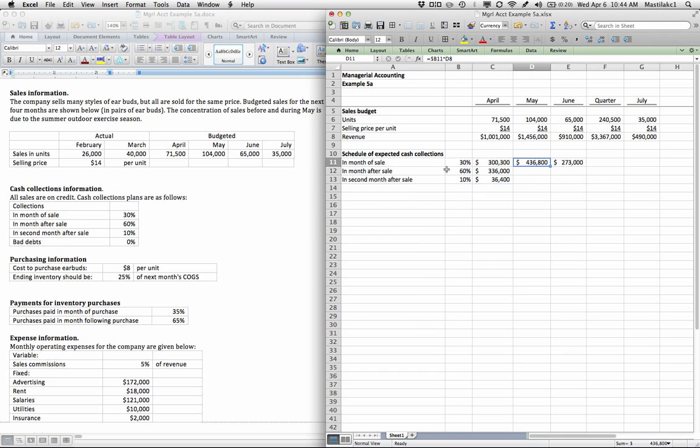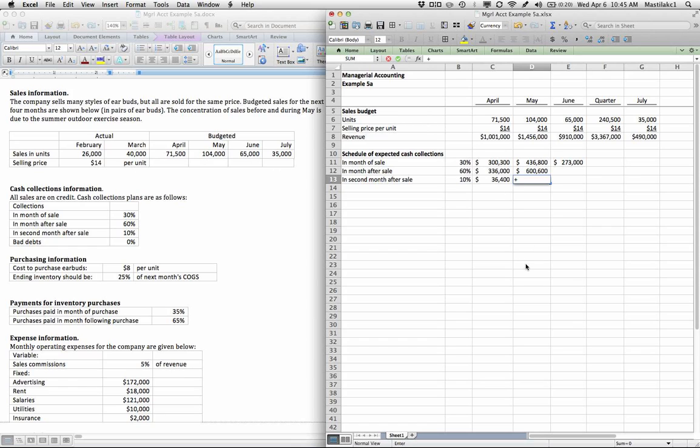In May, we already have 30% of May's sales being collected. We can also take 60% of April's sales will be collected. So we know that 60% of April's sales of $1,000,001 will be collected in May. And we also know that 10% of March's sales will be collected in May, because that's 2 months after the sale in March.